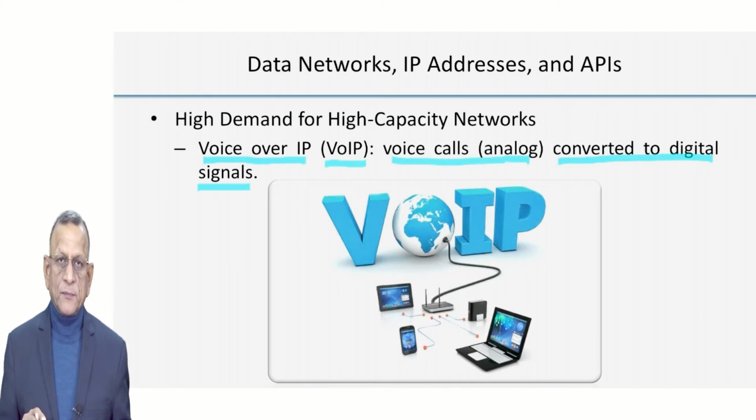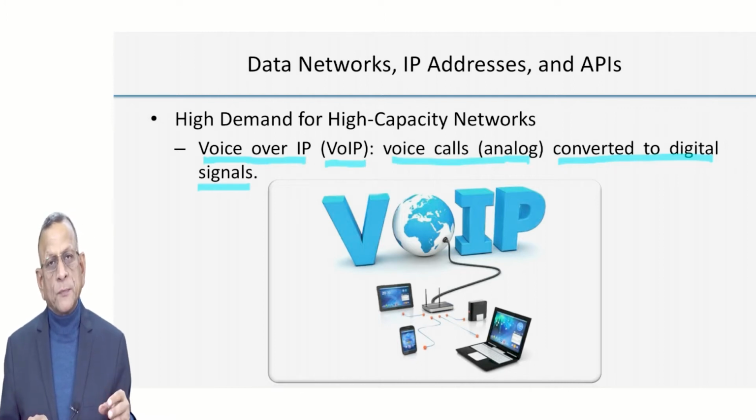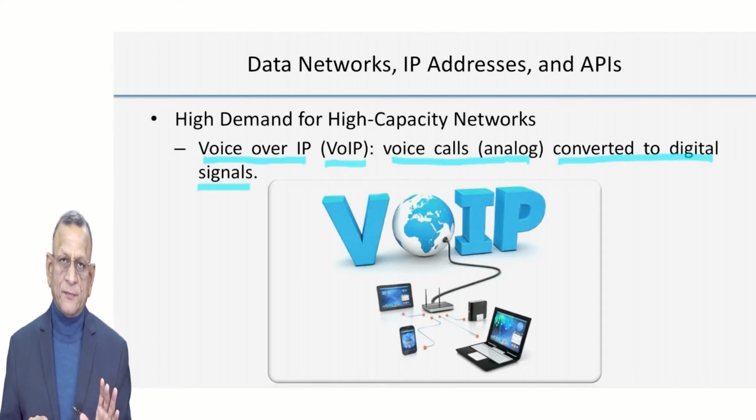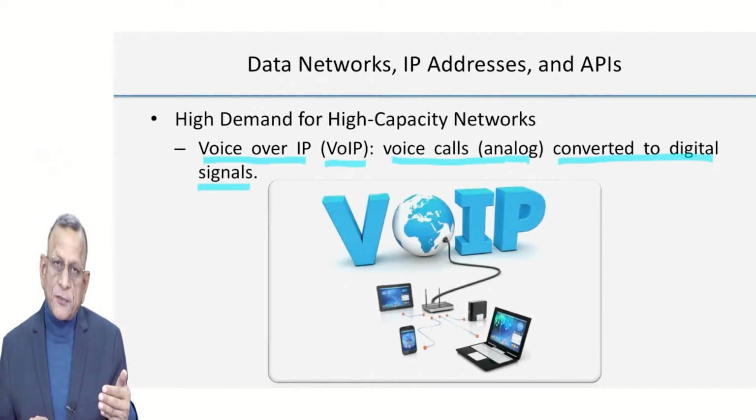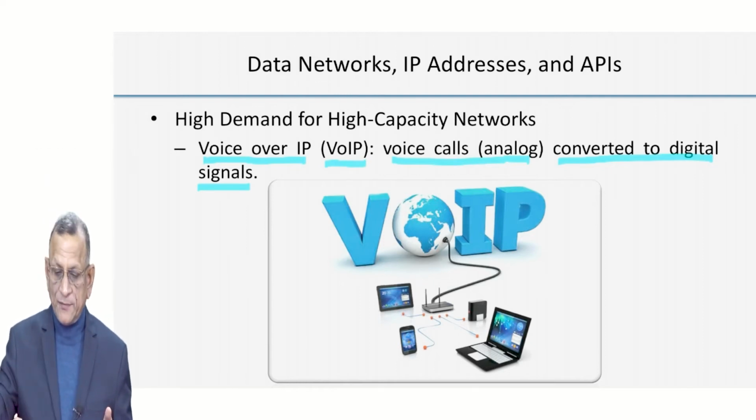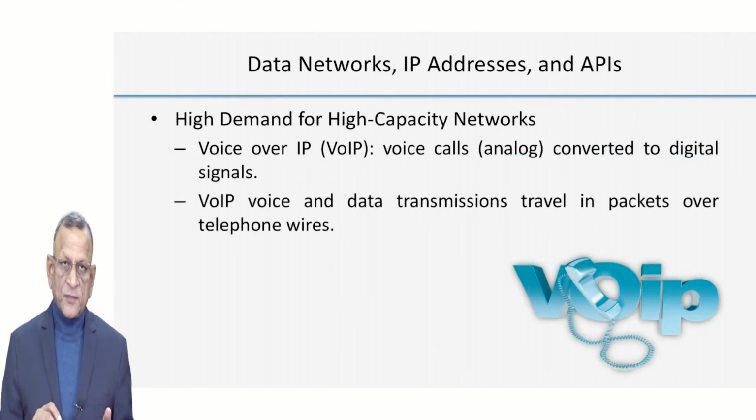But now, it's not analog, but digital. Your voice is getting converted into digits and then digits are being transmitted. At the end where the signals are being received, digits are being converted into voice again. So, this is voice over internet protocol.